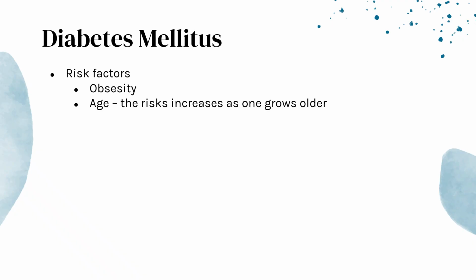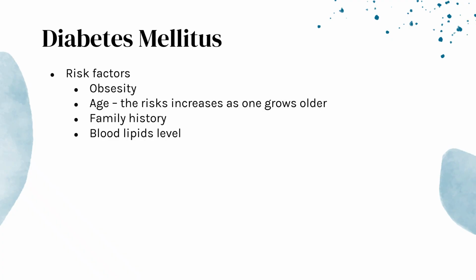So let's talk about the risk factors for diabetes. Obesity is definitely a high risk factor. Age is a risk factor as well. The older you get, the higher the risk of contracting diabetes. Family history is also important. Your blood lipids level is also a factor: the higher the lipids level, the higher the risk.